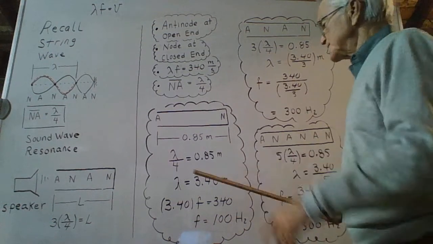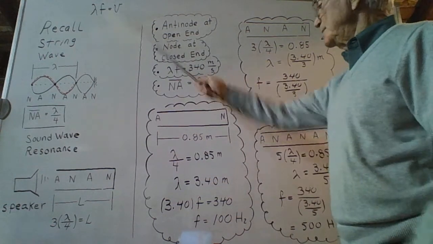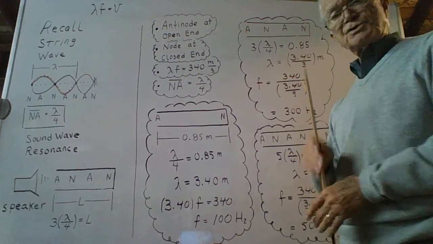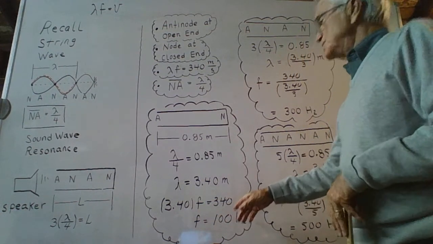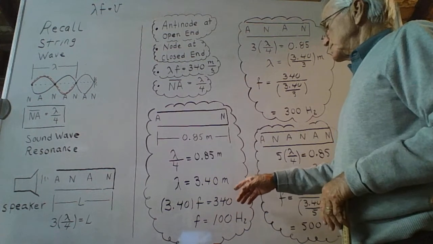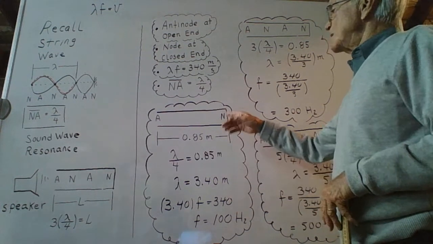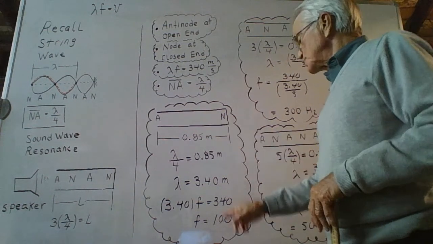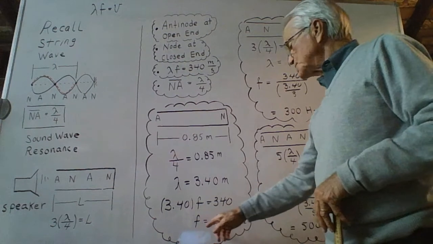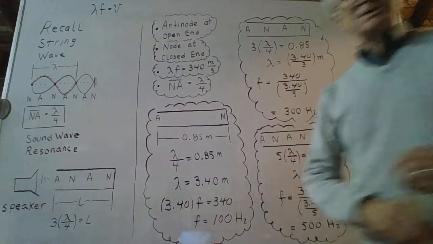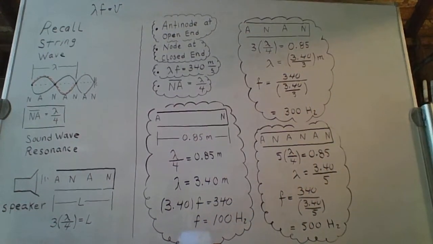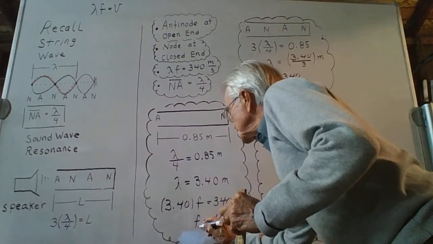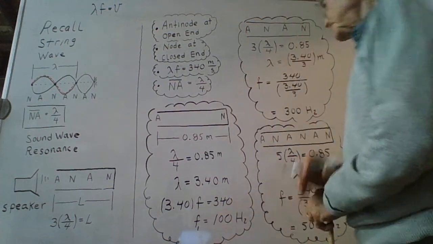Well, substitute this lambda into the wave equation here, and then solve it for F, and we get exactly 100 hertz. This particular frequency is the lowest frequency that will cause a standing wave or resonance to exist in this tube. The fewest number of letters corresponds to the lowest frequency. And since that's the lowest frequency that will resonate, the first of many others that will resonate, let's symbolize this as F subscript 1.